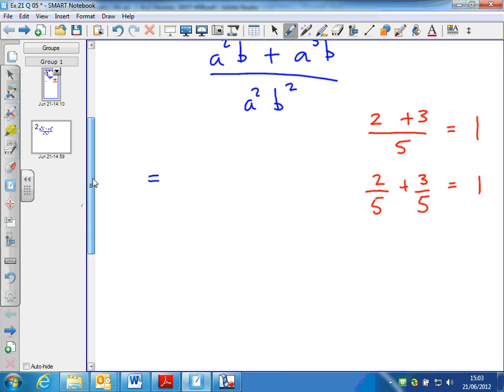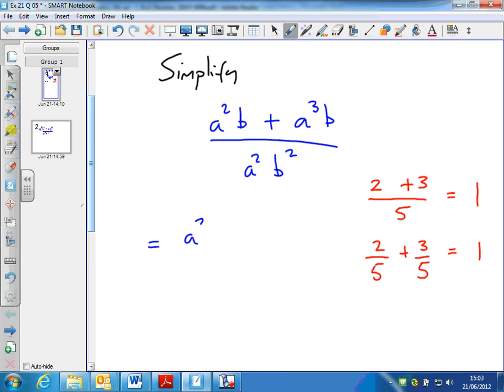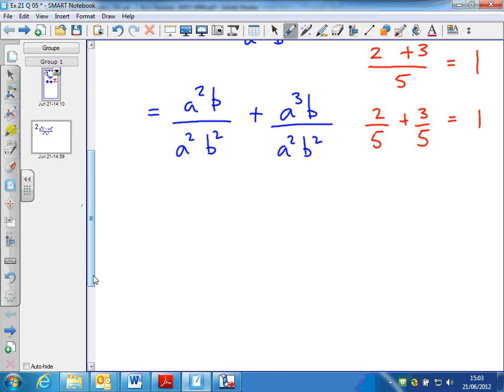So I take the a squared b term on top and divide that by a squared b squared. And then I take the second term, plus a cubed b, and divide that by a squared b squared as well. And now I use the law of indices, division going on.